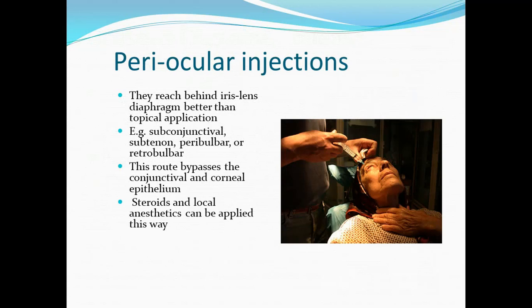They bypass the conjunctival and corneal epithelium, so they have better absorption when compared to topical medications. Steroids and local anesthetics are given by this route, especially the local anesthetics, the peribulbar and retrobulbar block. They're usually given just prior to performing any intraocular surgery.